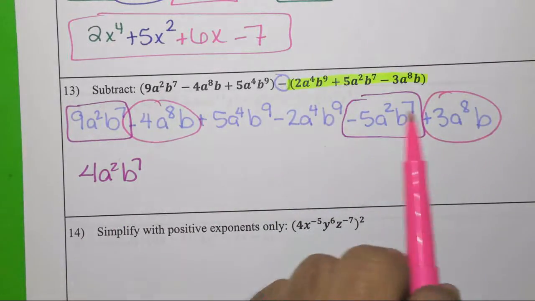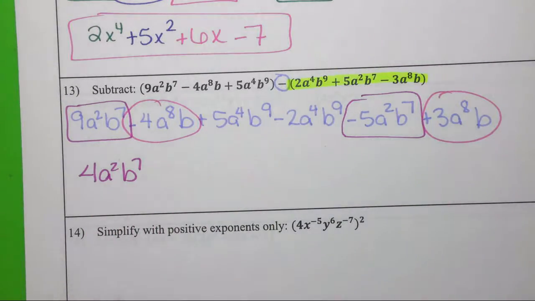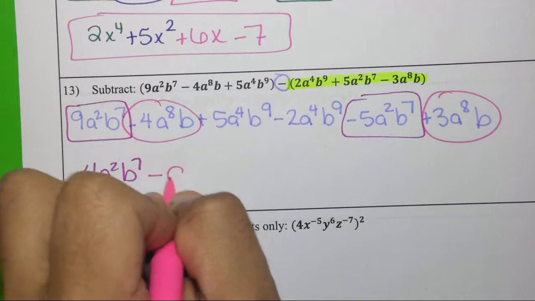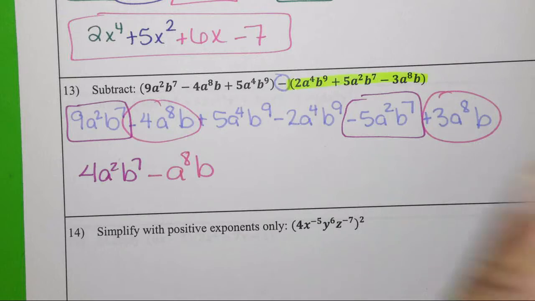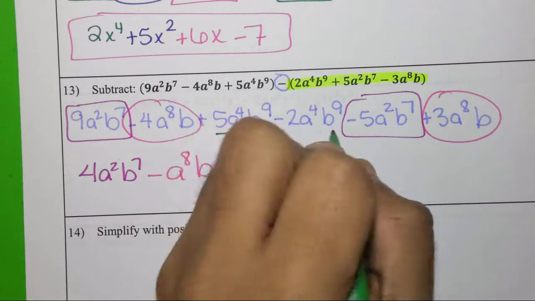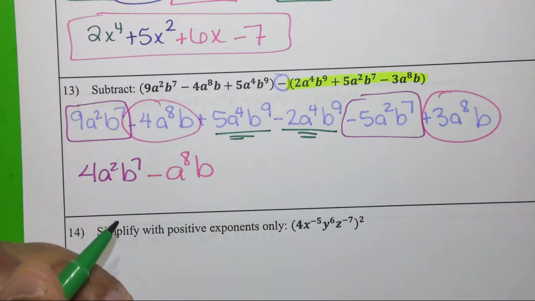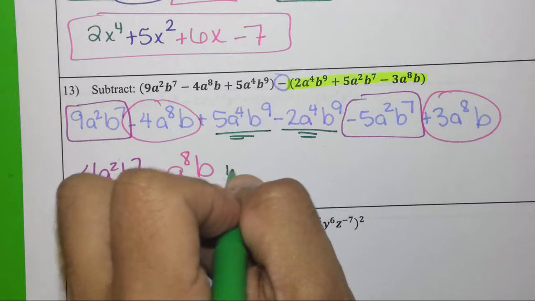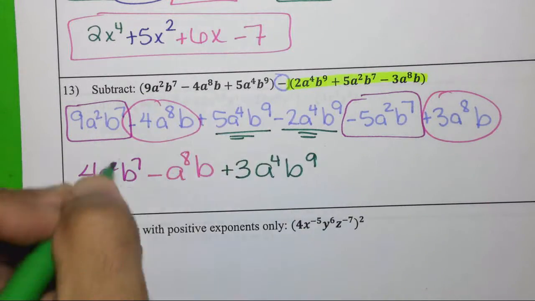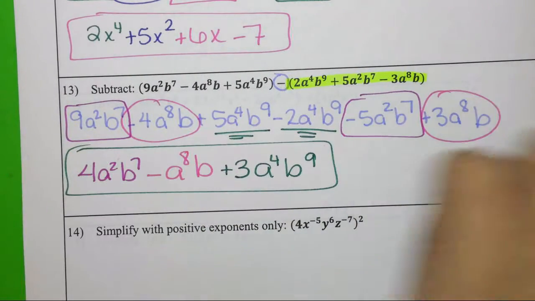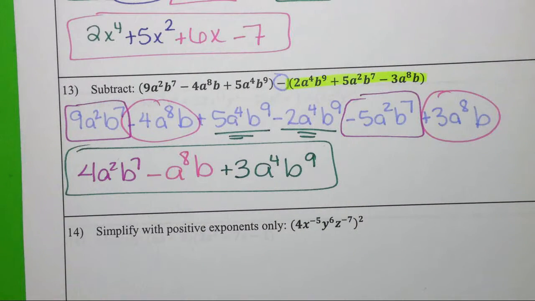So that's a negative 4 plus 3, that's a negative 1. So it's just going to be a negative a to the 8th b. And then we have these two here, which add up to be a positive 3a to the 4th b to the 9th.